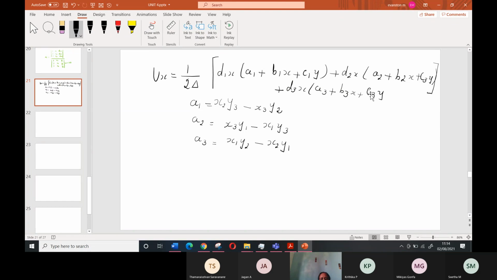So we have to find out the shape function. Whatever is inside is called the shape function. So d1x plus d2x plus d3x into some terms. How did I find out the value of d1x? Can you recollect when we found the shape function for the bar element and the beam element?